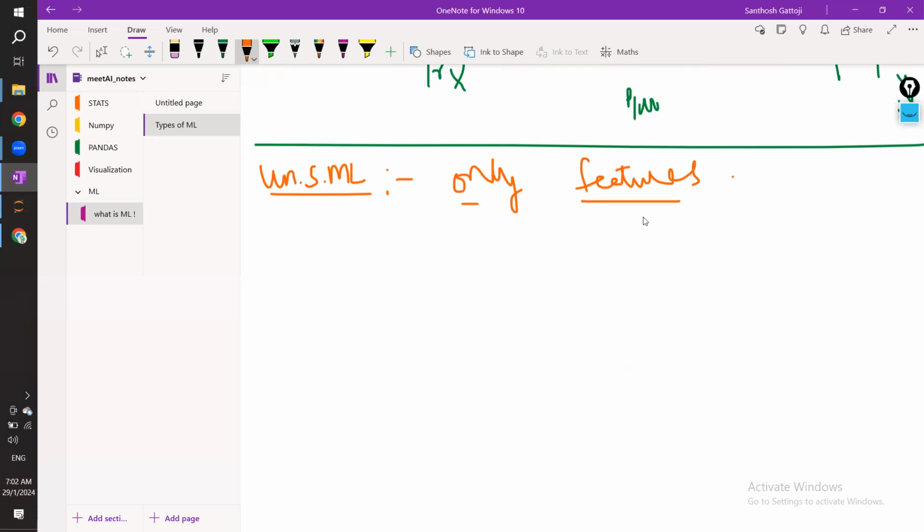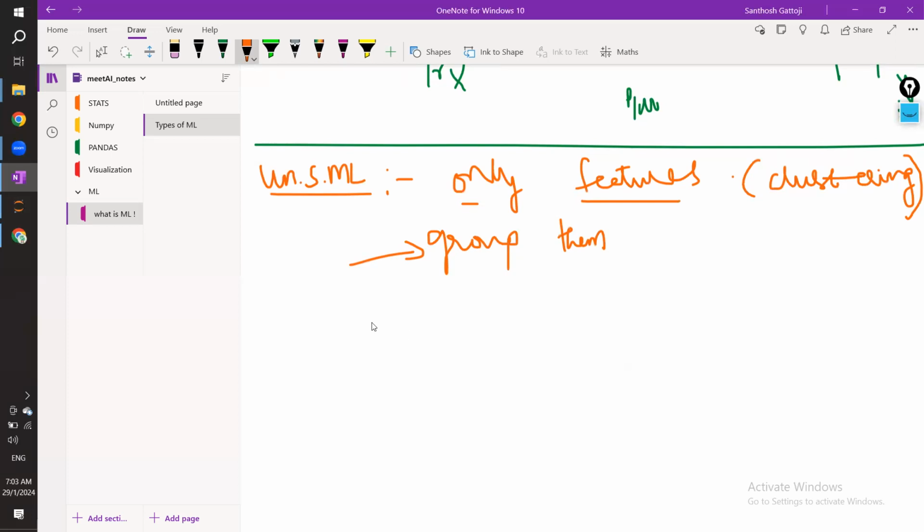This is a new terminology, called clustering. Our task is to cluster them, which means group them into different groups. That's the only thing we can do, because you don't have an output variable, so obviously you cannot do prediction.